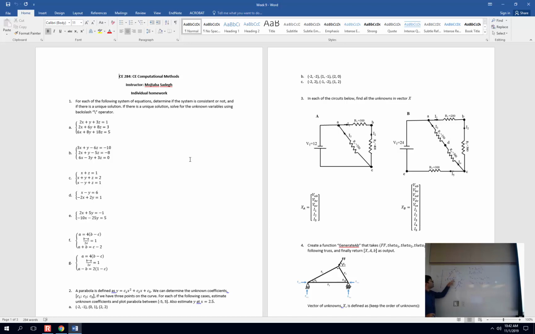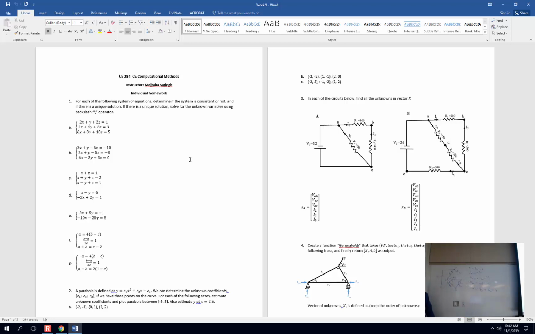VAB plus VBC plus VCD is equal to VT. Now the question that I'm going to ask now could be a good question for a quiz. All right. So I have VAB plus VBC plus VCD equal to VT. Perfect.